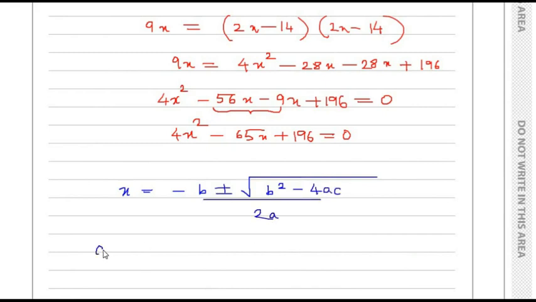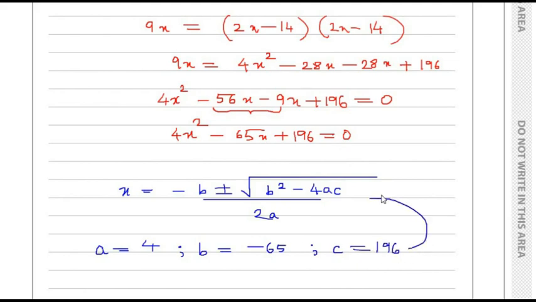So a is the coefficient of x², so a is 4. b is the coefficient of x, so we get it as negative 65. And c is a constant term, so here in this case it is 196.